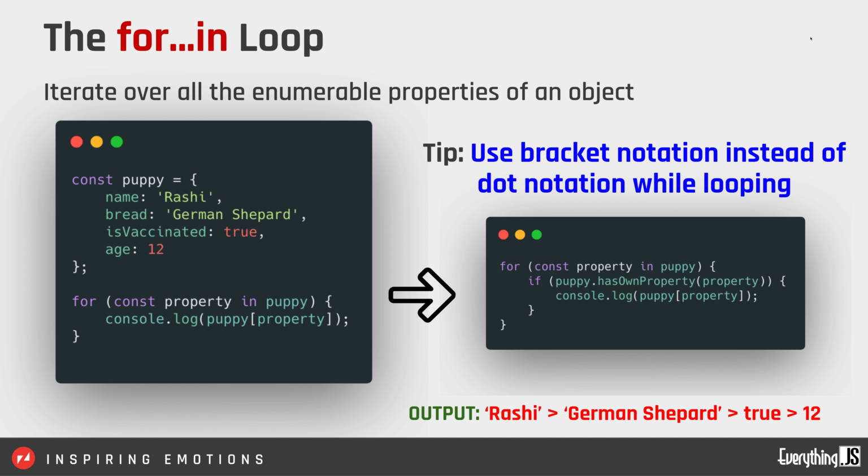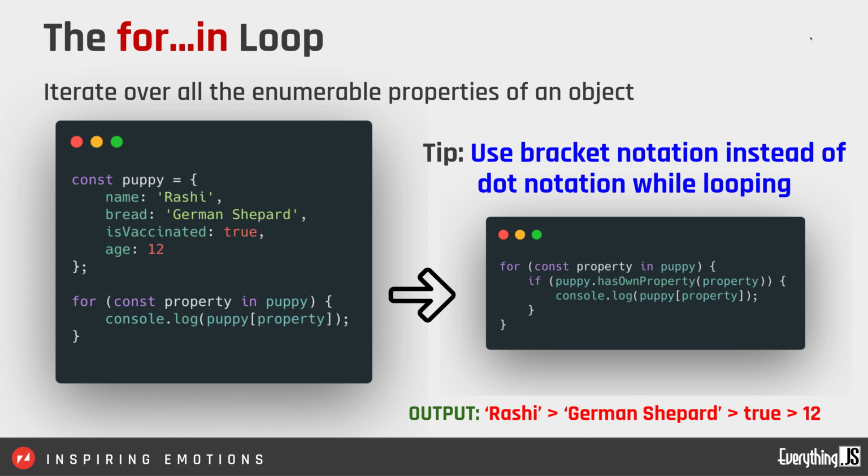So in the for loop, all the properties of this puppy are enumerable, and all the property names will come here one by one. First you will get name, then breed, isVaccinated, and age. Likewise, you will get all these values.